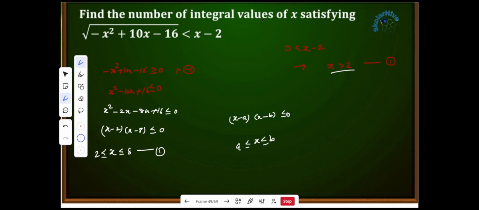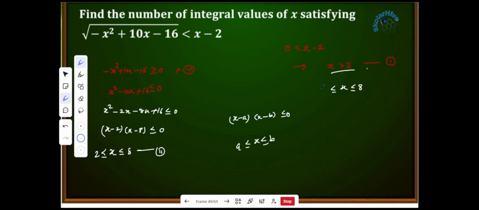In this question, we have to look for the values of x by combining these two inequalities, so x should be greater than 2 but less than or equal to 8.